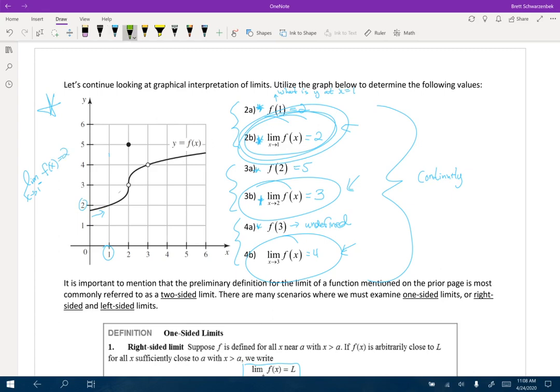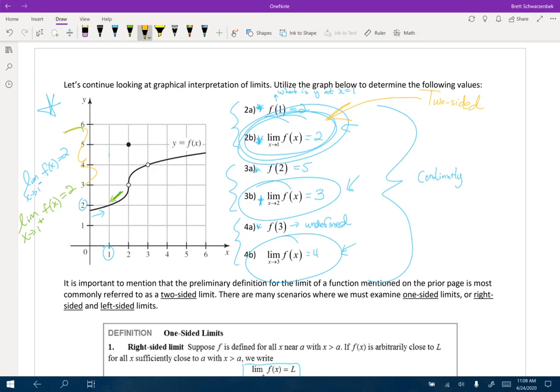For green, we're coming from the right side. So we would say the limit as x approaches 1 from the right side, the plus sign, of our function is equal to 2, because again, that's the height. Now, since these agree, they are the same value, we were able to conclude that the two-sided limit is equal to 2. Okay? So that's the summary of it.